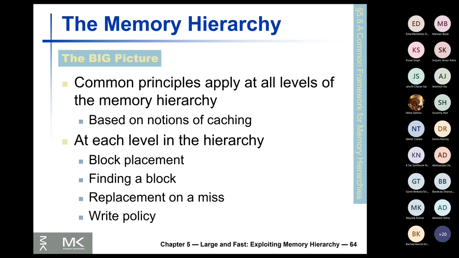From cache, which is inside the processor, a few megabytes at max, to main memory in ordinary computers, a few gigabytes to tens of gigabytes, and finally to the permanent, non-volatile memory, which in current computers is either magnetic hard disks or non-volatile semiconductor memory in the form of flash memory.